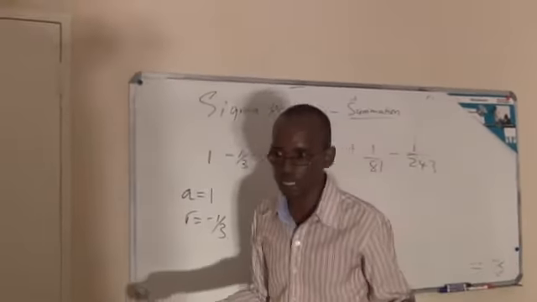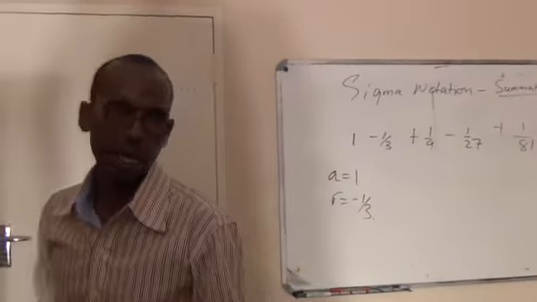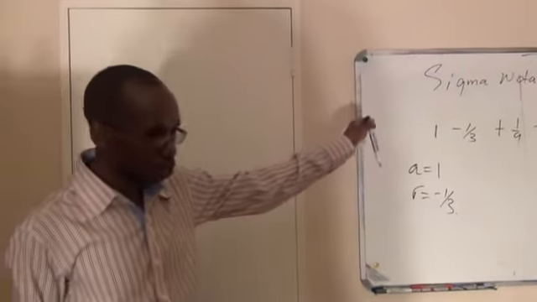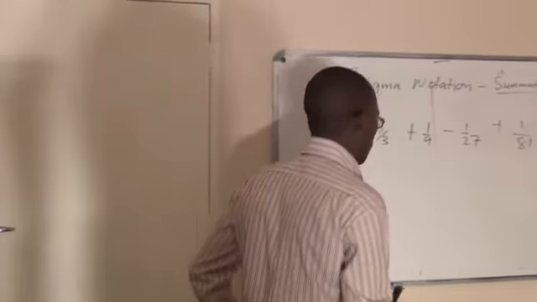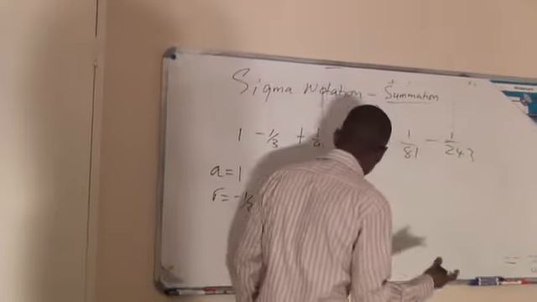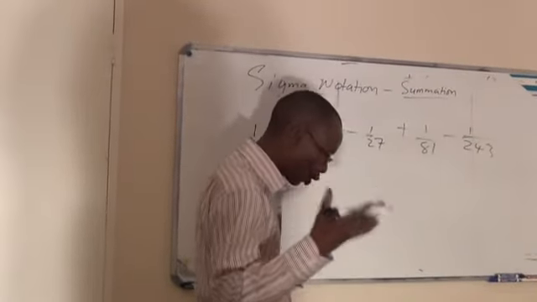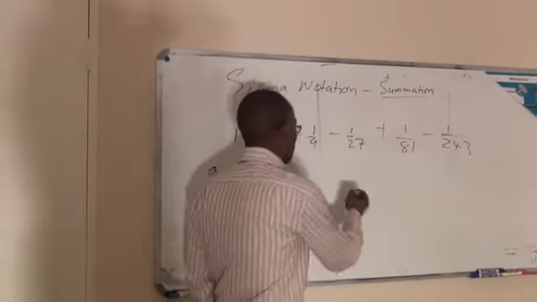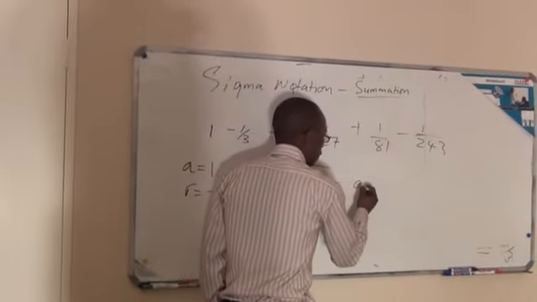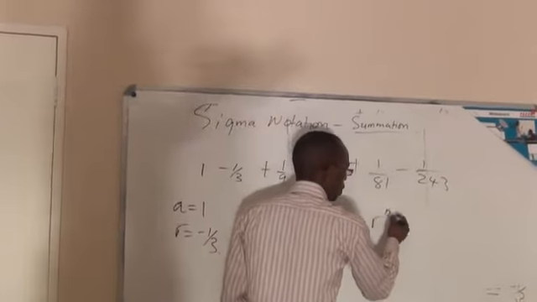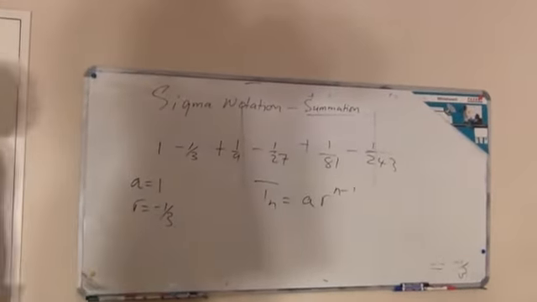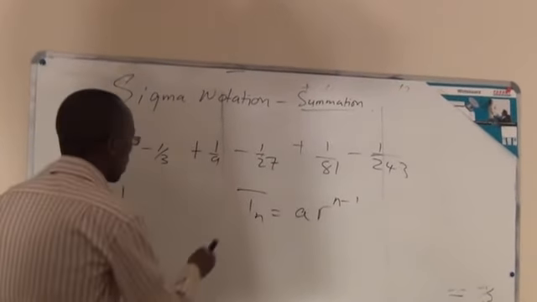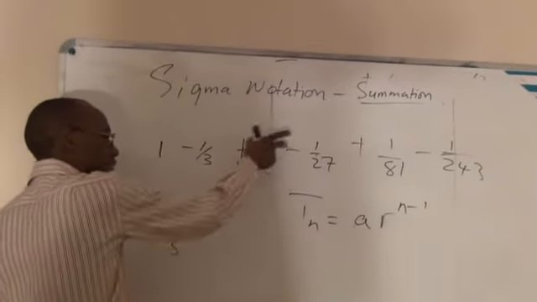If we want to express this using sigma notation, like with any other series, we need to find the nth term unique to the series. We know that for a geometric sequence, the nth term Tn is equal to the first term times the common ratio to the power n minus 1. How can we make this unique to this series?